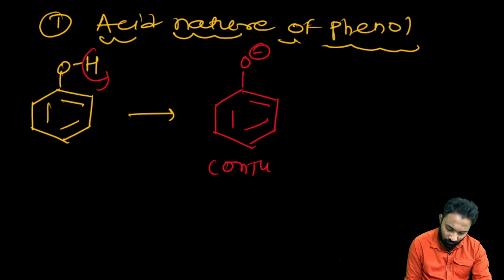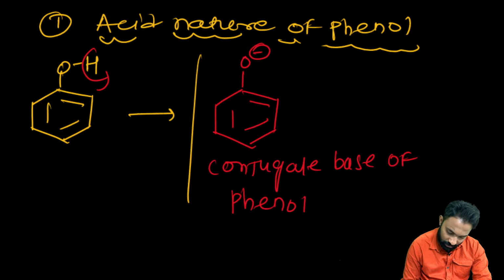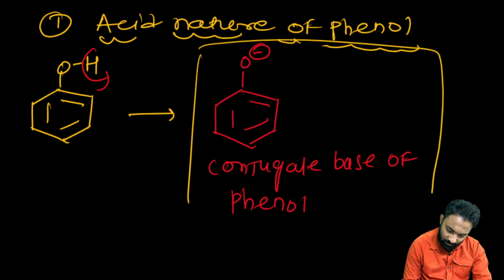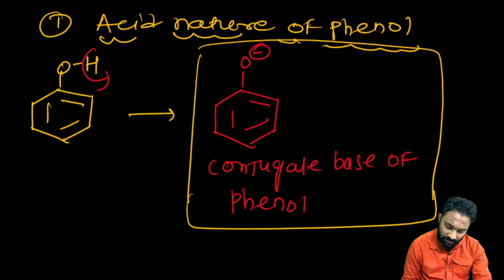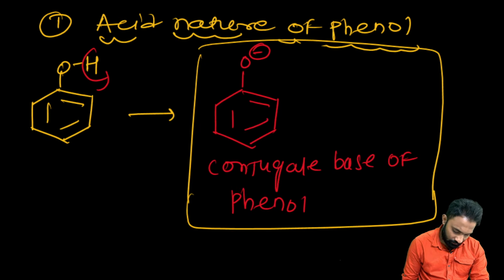This is the conjugate base of phenol, right? Now if this conjugate base is stabilized very fast, then that given compound is more acidic. Clear?